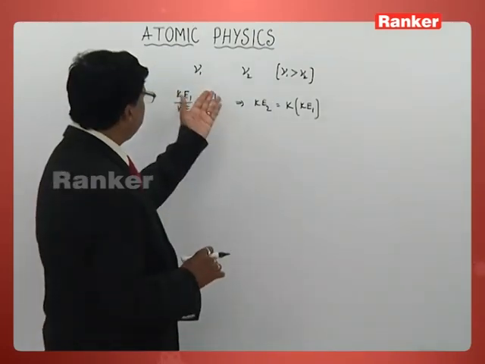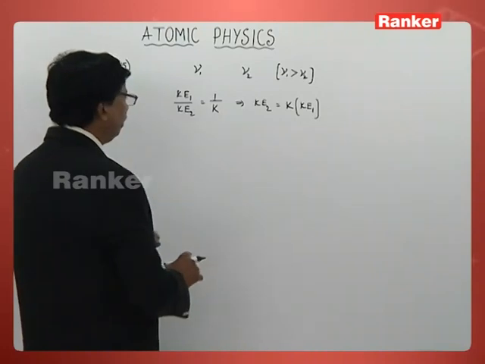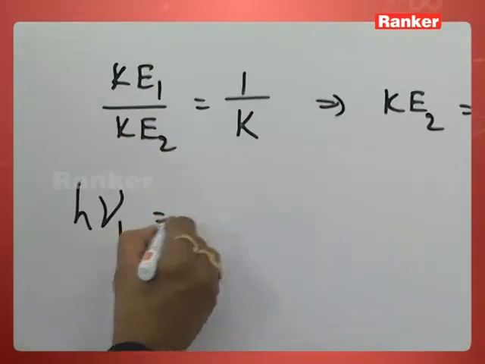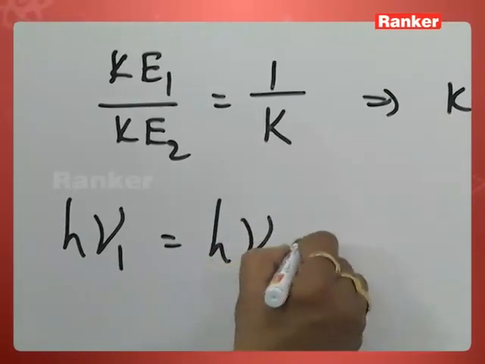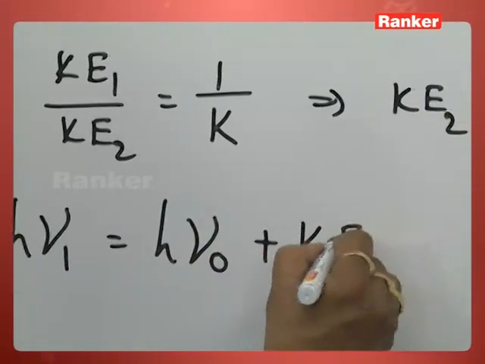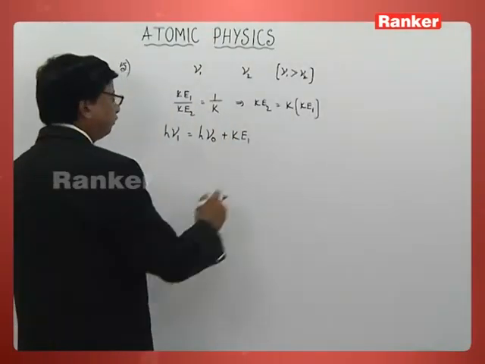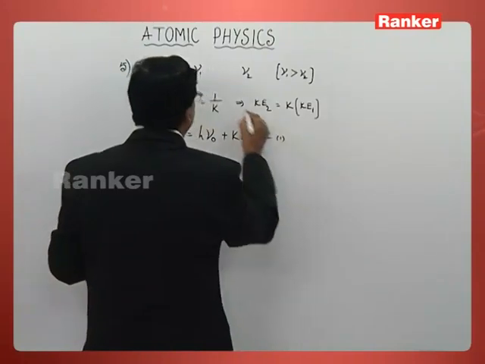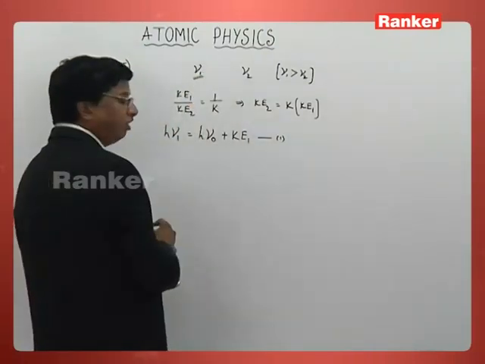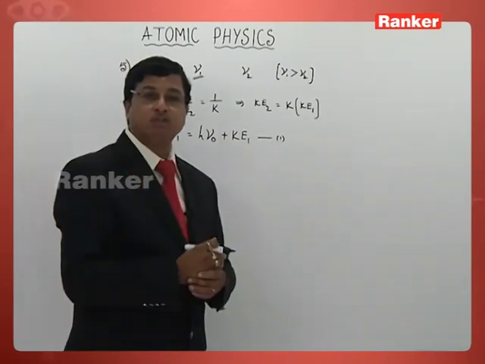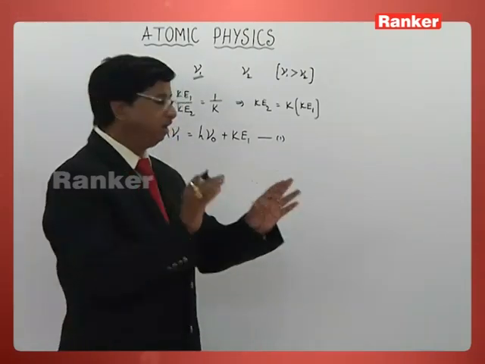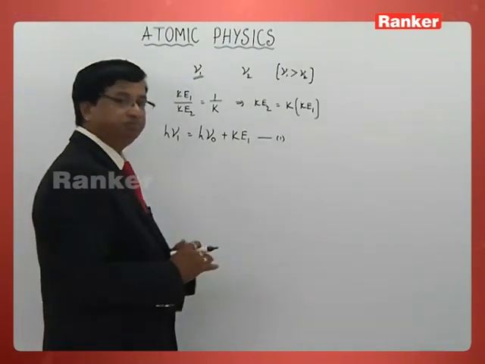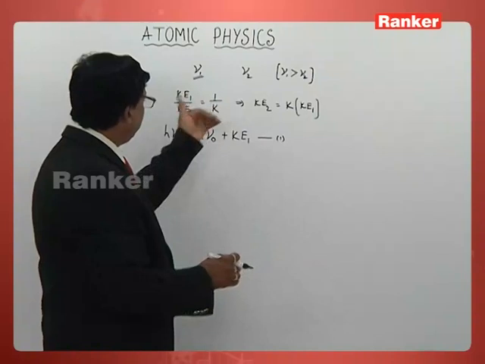If you look at this once again, what is the first equation I can write? H nu1 is equal to H nu naught plus kinetic energy 1. This is my first equation for the incident light having frequency nu1, rewriting Einstein's photoelectric equation in this form. What about the second one now?